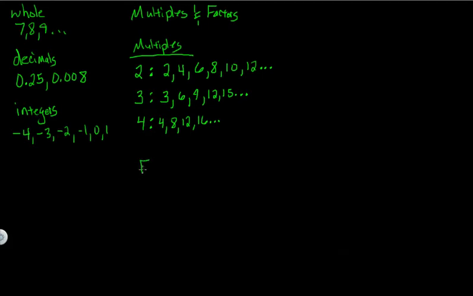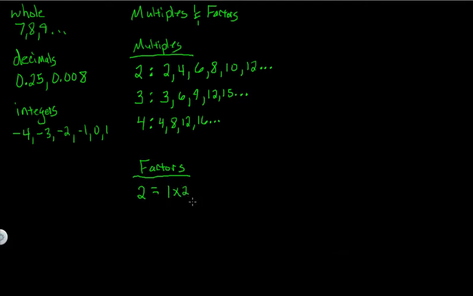We also have factors. The factors are not infinite. They are finite. So every number also has factors. The factors of a number are other integers that we can use to multiply to get that number. So for example, the factors of 2 are 1 and 2. Now why is that? Because the only two numbers that you can multiply together to get 2 are 1 and 2.